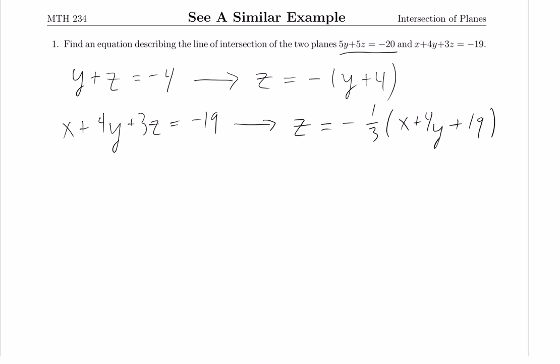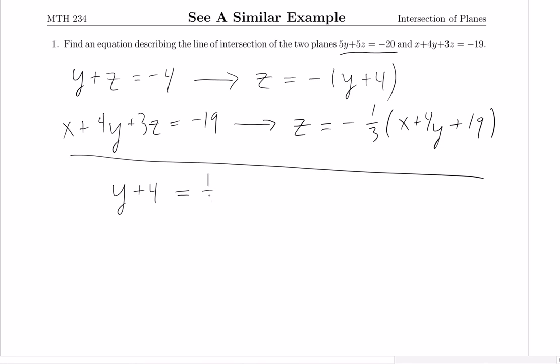So now we set the right-hand sides equal to each other, and this tells us that y plus 4 is equal to 1/3 x plus 4y plus 19. So here I've canceled the minus signs in the first step. Now maybe let's multiply both sides by 3 to cancel that 1/3.